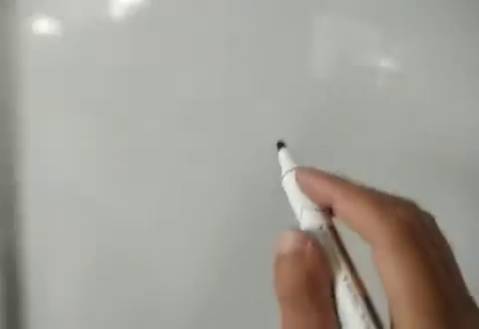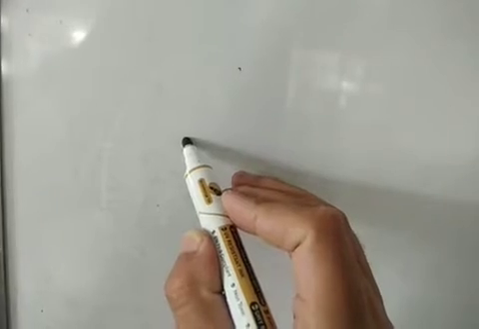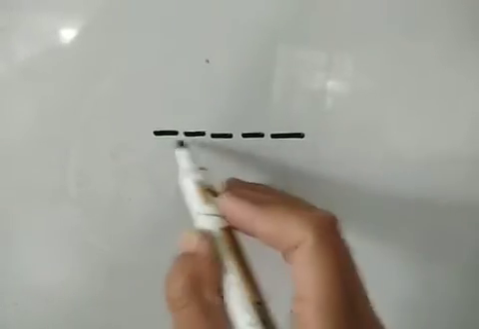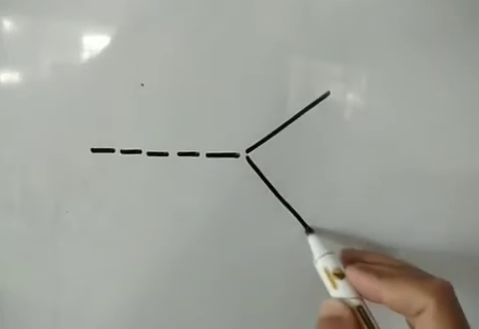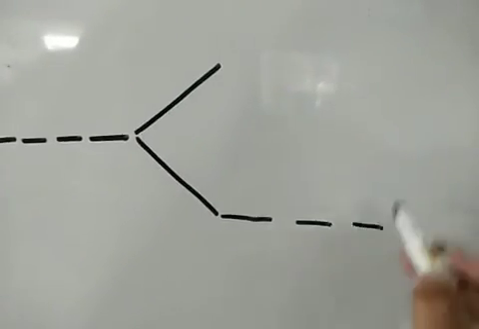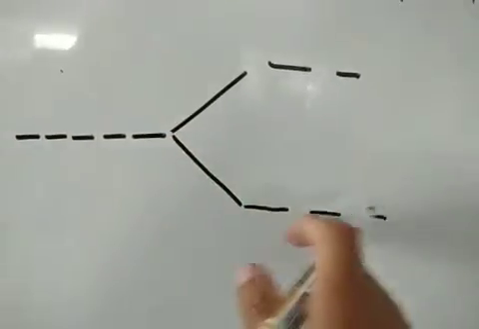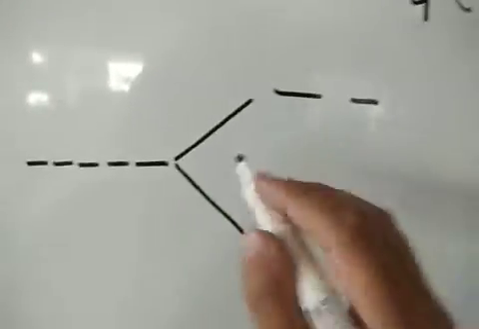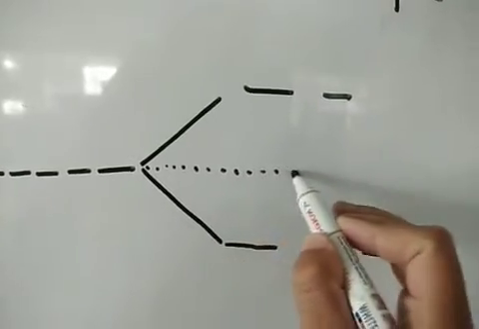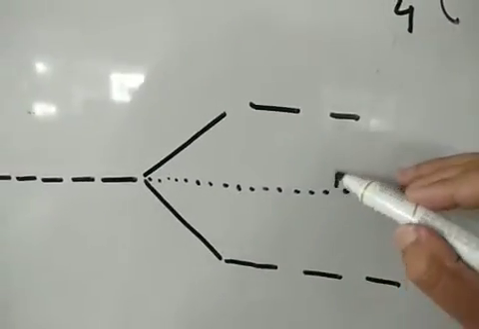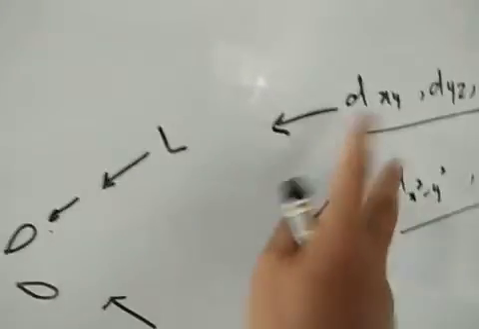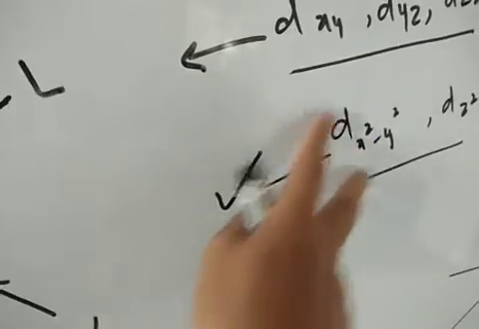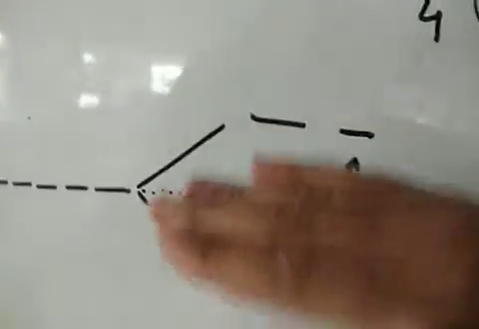So let us show it like this. Initially all the 5 orbitals were of the same energy. Once the ligands approach closer to the complex, we have this type of situation. The orbitals which are facing the ligands along the axis will feel greater repulsion, so they are raised in the energy.